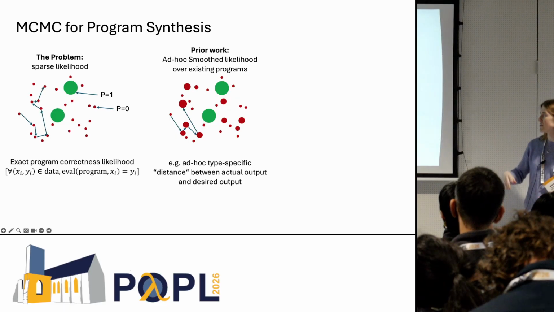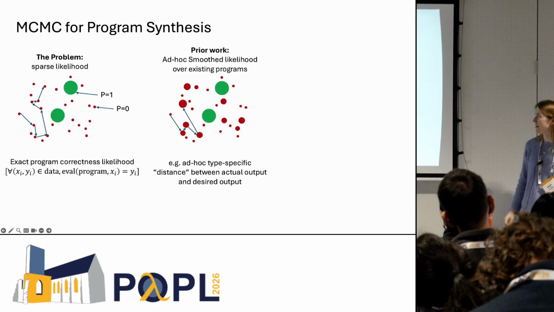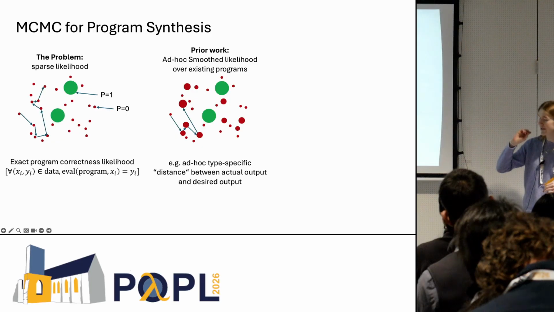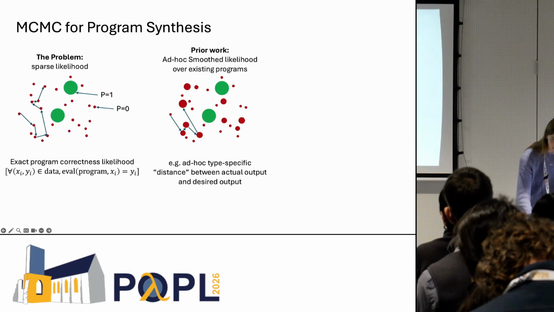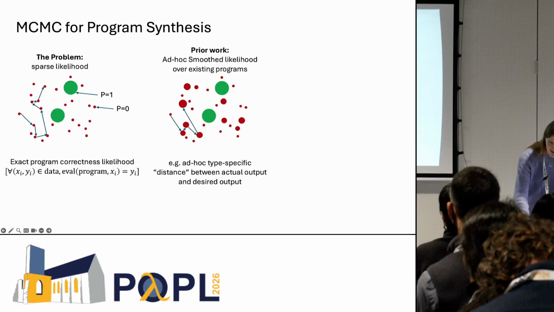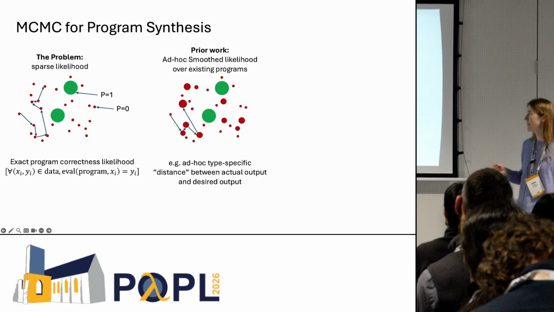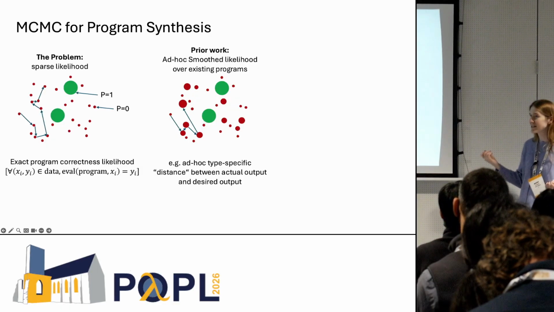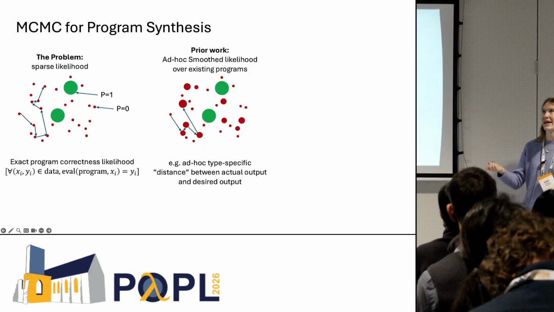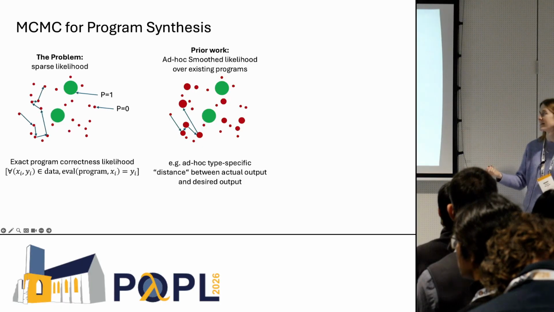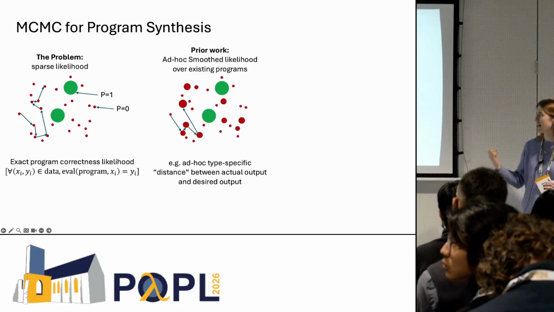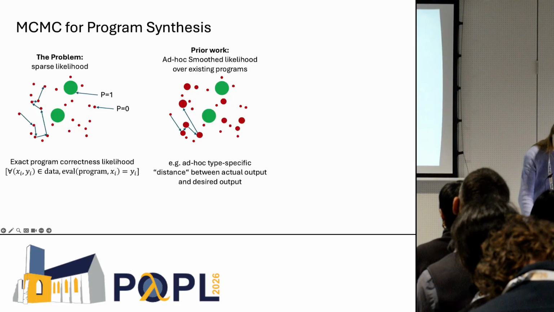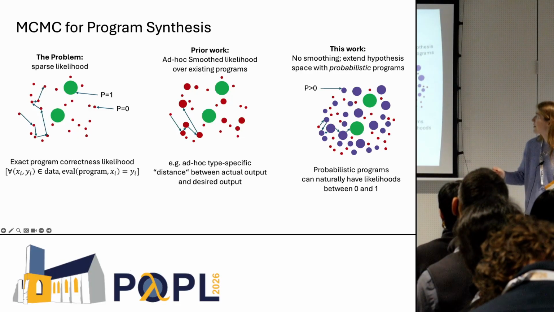And so it's about changing the weights or the probabilities on these existing programs. That can be useful, but relies a lot on developing the specific distance metric and how well that distance metric actually guides us towards these solutions. And in this work, we're going to take a different approach.